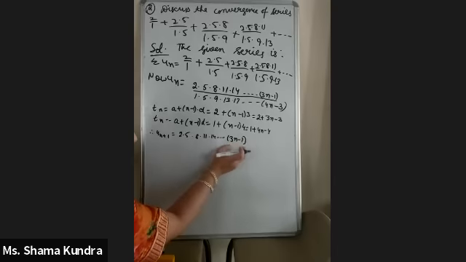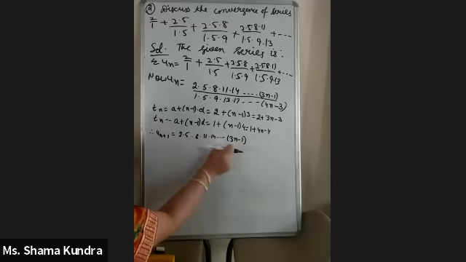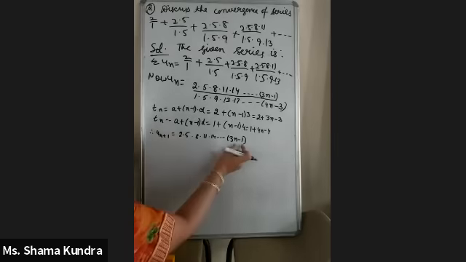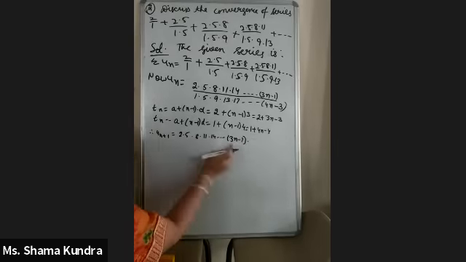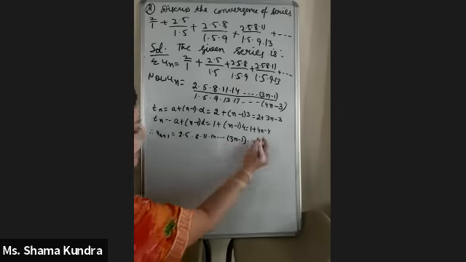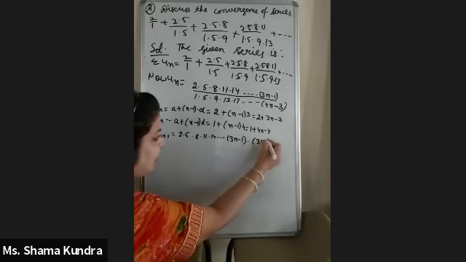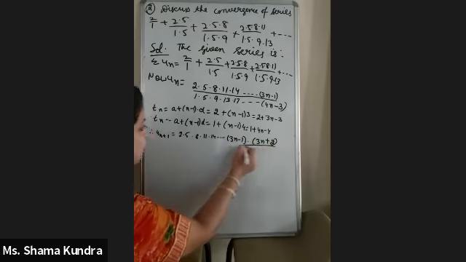Never skip this term. Must write this term. Otherwise, confusion will be created. Next term, add 3. Minus 1 plus 3 is 3n plus 2.